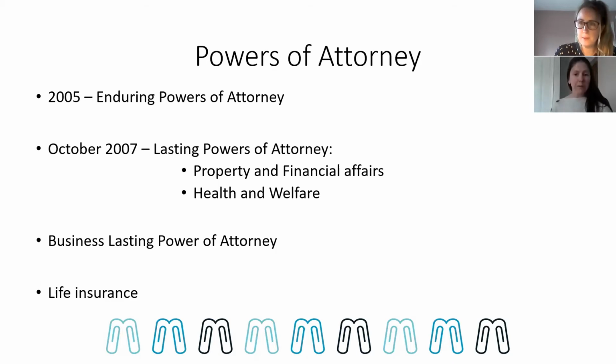They are both separate forms, independent of one another. You can make one without the other, and you can have different attorneys on the two different types of powers of attorney. So by having a property and financial affairs and a health and welfare, that demonstrates that you're able to have two types of powers of attorney running concurrently, but covering different areas of your life.